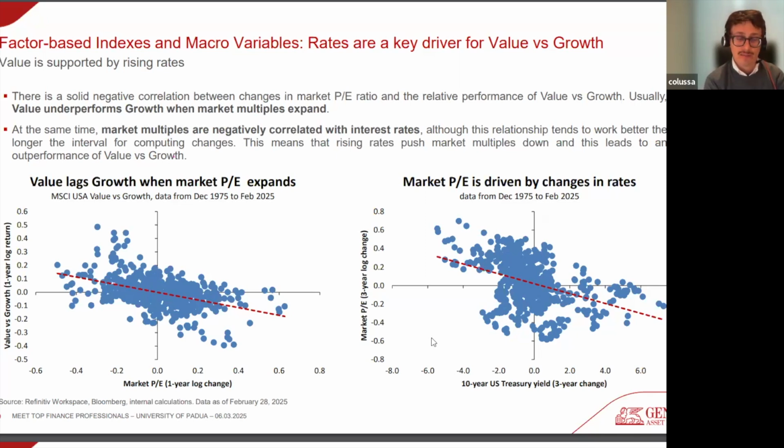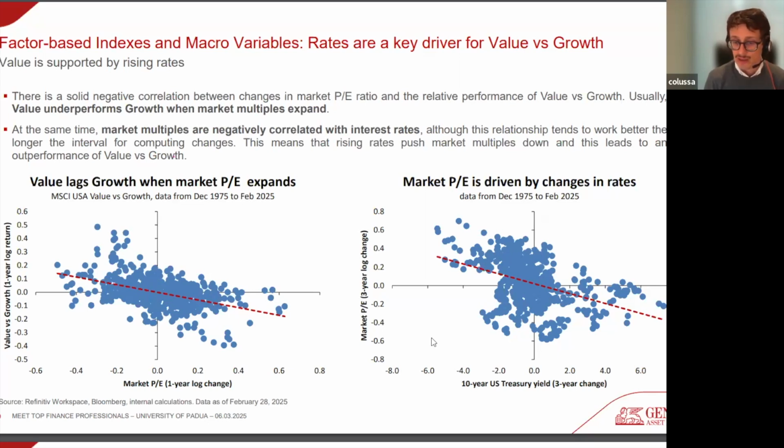And if we combine the two, we may say that in the end, growth stocks tend to perform better when yields decline, while on the opposite, value stocks tend to perform better when yields increase. And this is exactly what we saw in the charts below.